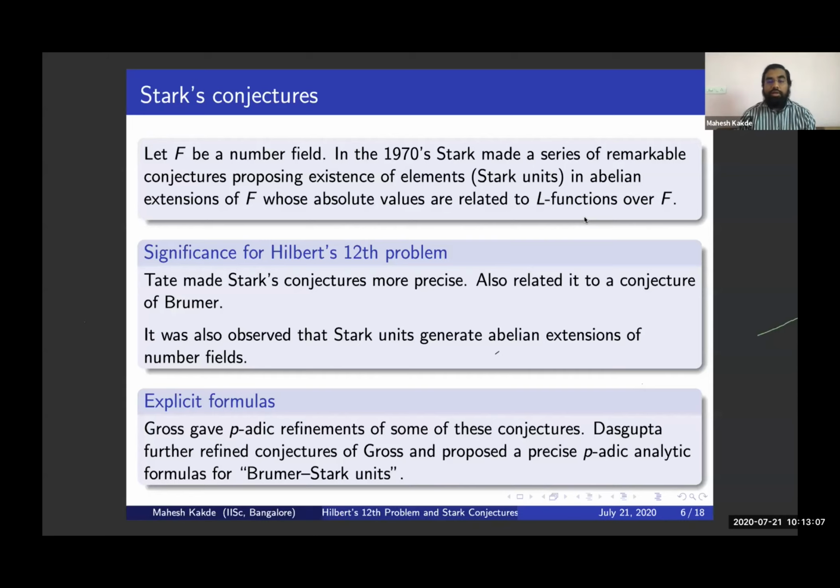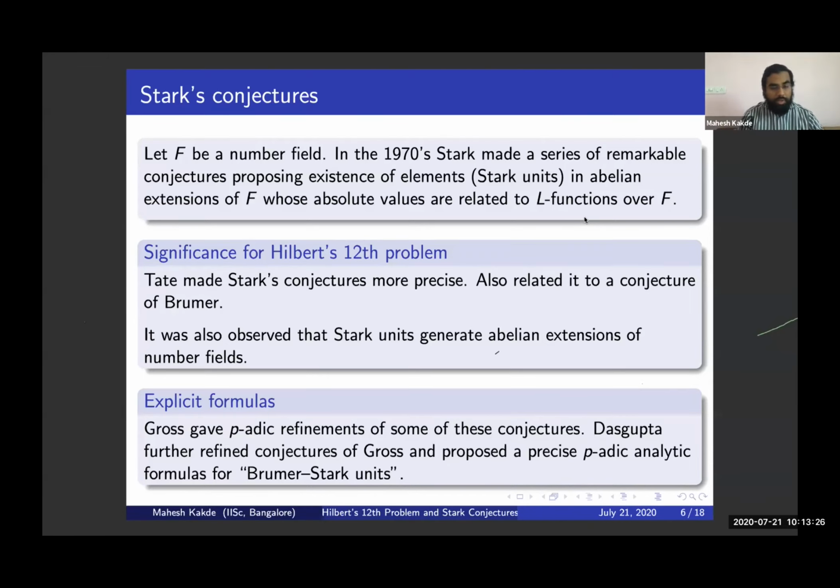He not only gave a very nice exposition of these conjectures, he made them more precise. He related it to a conjecture of Brumer. That's the first place where the relation appears explicitly, though I guess people knew about this all along.